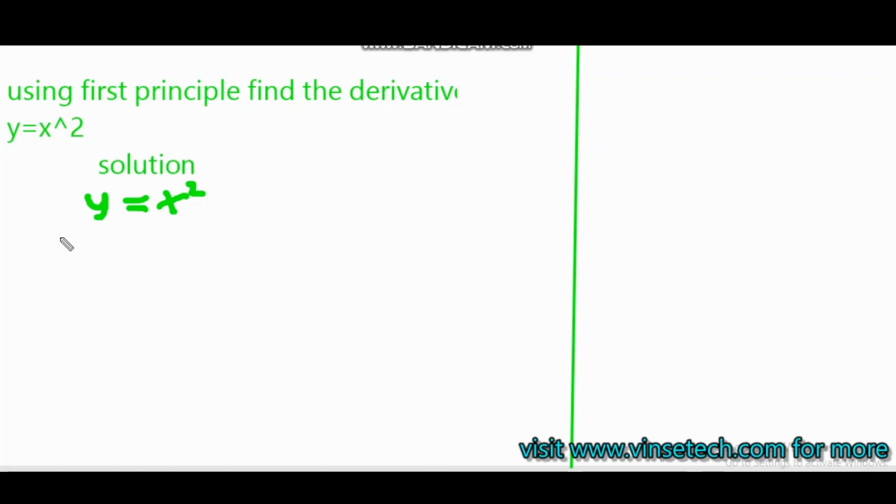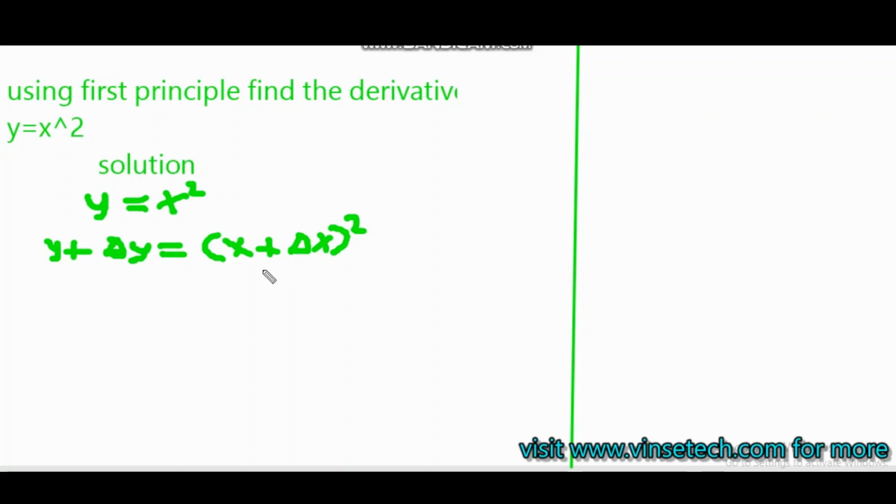Adding delta to the left hand side, we have y plus change in y. Adding on the right hand side, we have open brackets x plus change in x, and you close your brackets, squared.